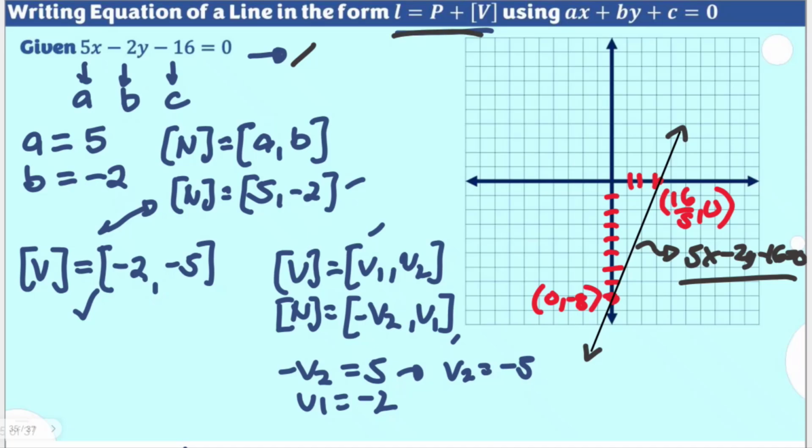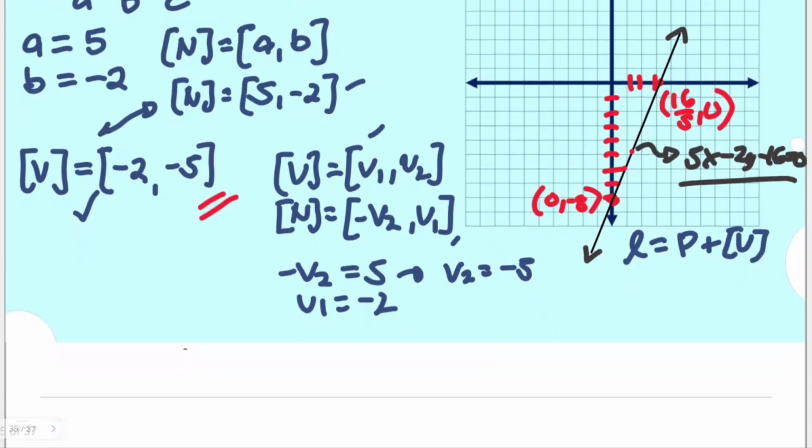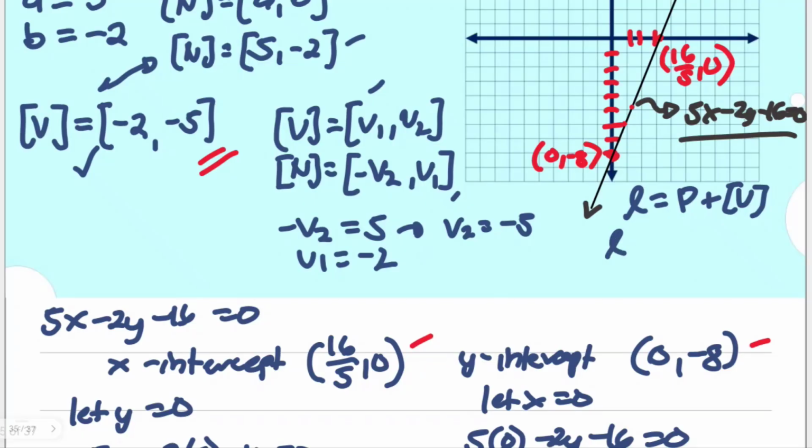Now for the final form of L, L is equal to P plus your direction vector v. We have our direction vector v already identified here. You could choose any of those two points, and even any other point on this line. Let's just use the x-intercept first. You could have 16/5 and 0 plus your direction vector -2 and -5.